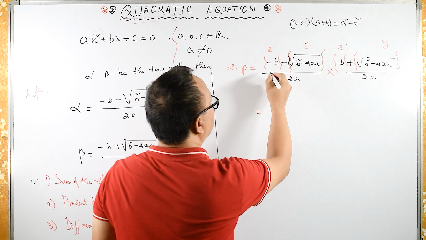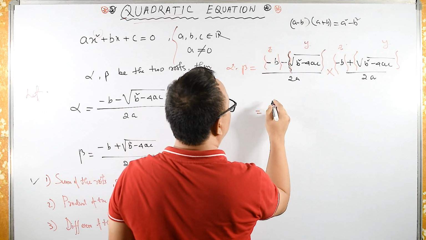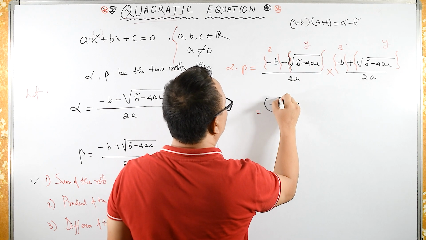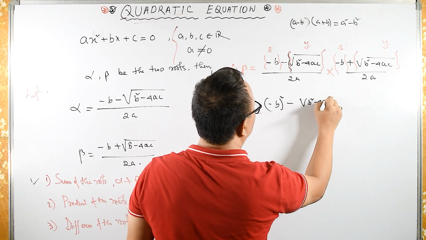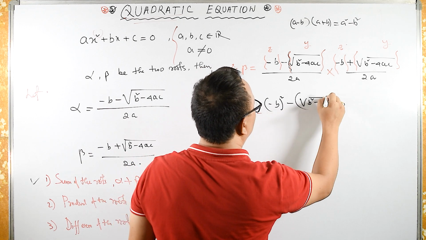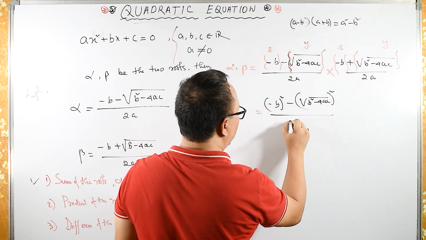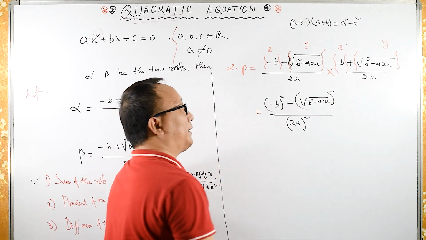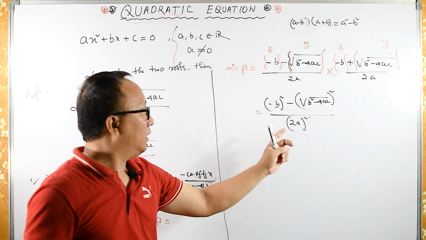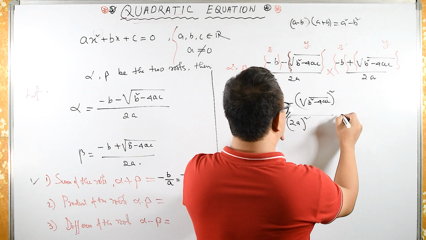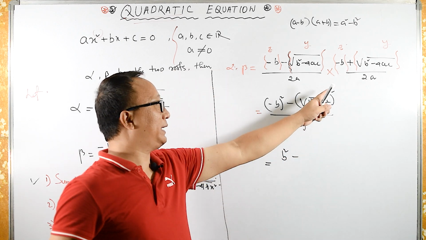So what will we get? z² minus y² means minus b the whole square, minus square root of b² minus 4ac the whole square, over twice a the whole square. I am applying this formula. Now minus b whole square is the same as b², and the square and square root get cancelled.